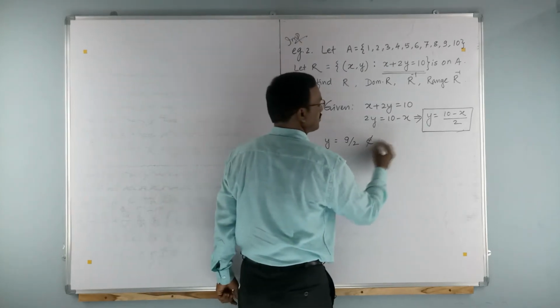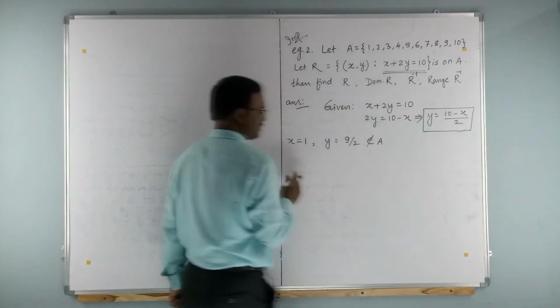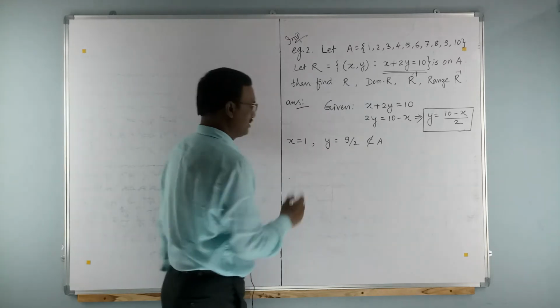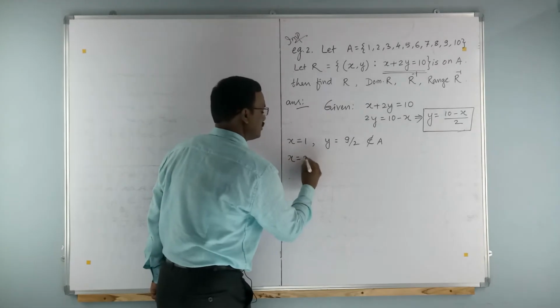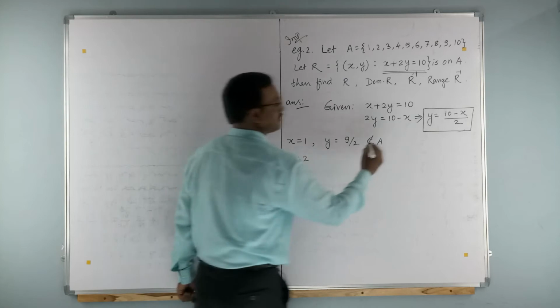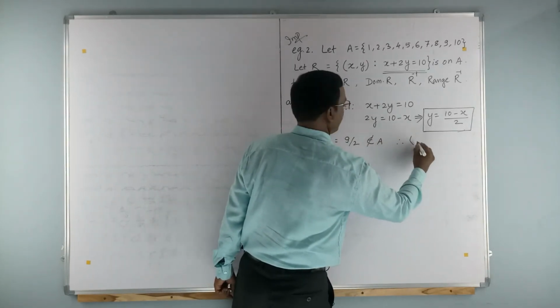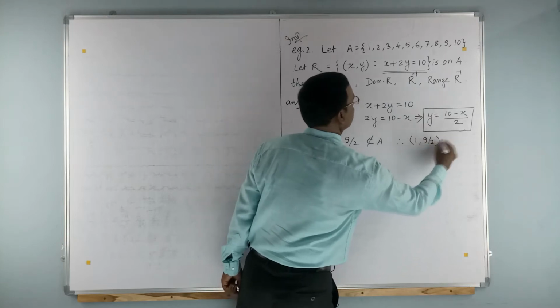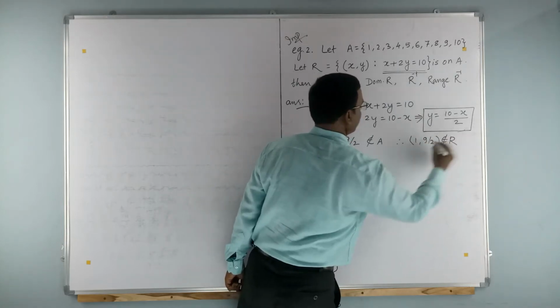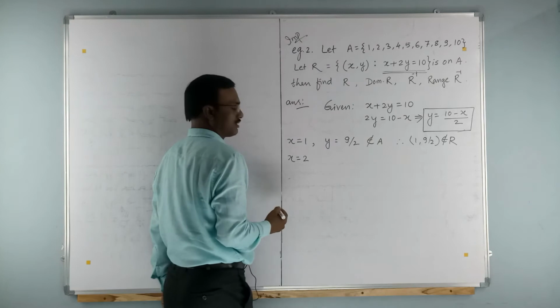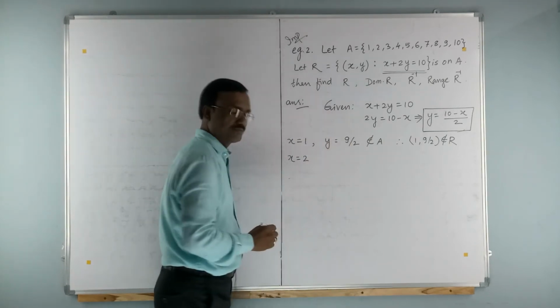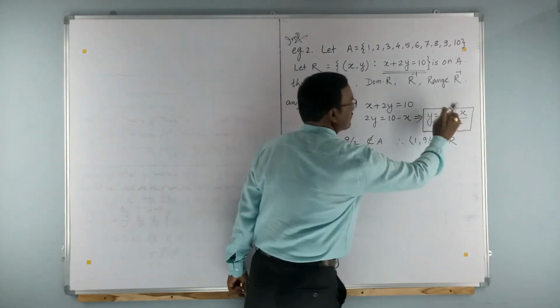This does not belong to A. That's why this pair is not valid. Therefore this 1 comma 9 by 2 does not belong to the relation.